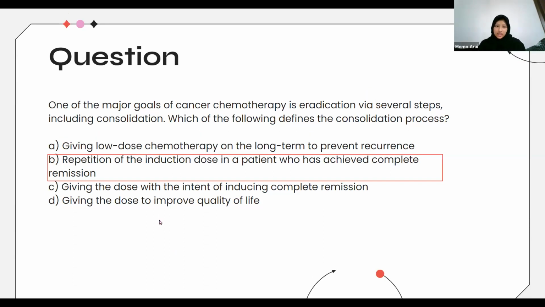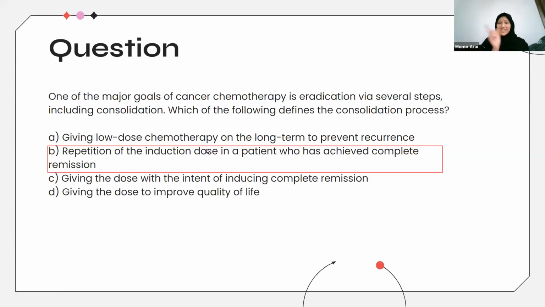What that means is, I'll show you a picture after we finish. Basically, consolidation is when a person has completed the chemotherapy sessions and the tumor is treated, but you still give chemotherapy to make sure there's nothing left of that tumor or cancer. That's why it says repetition of the dose in a patient who has already achieved complete remission, which means the tumor is cured.